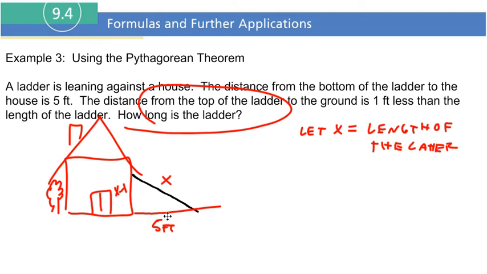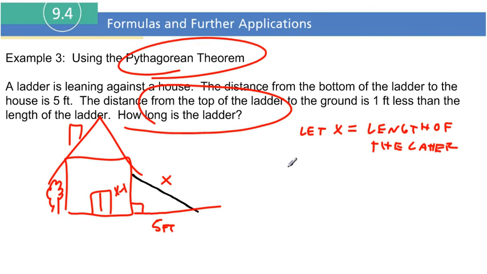What kind of triangle is this? That's right, we have a right triangle. Assuming that the house is not crooked and the street's level, we have a vertical and a horizontal, which means that these are perpendicular, and it makes a right angle right there. So this is why we're going to be using the Pythagorean theorem.